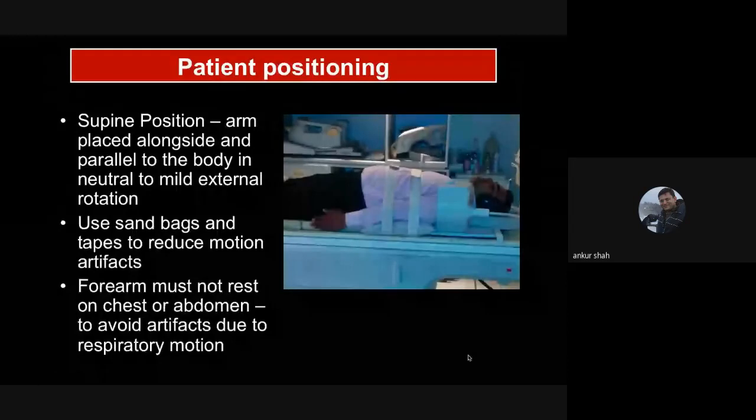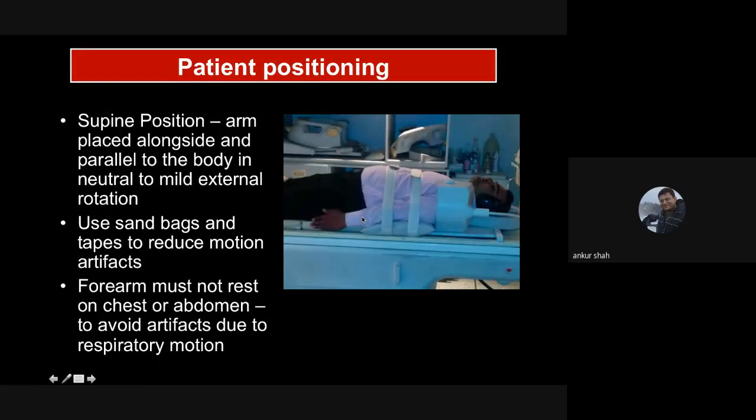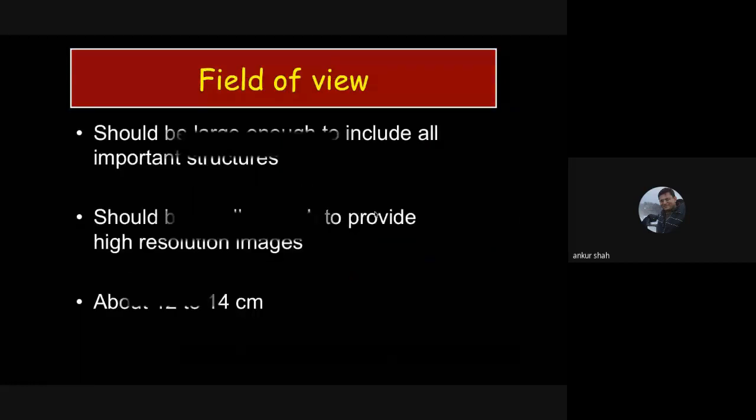Regarding positioning, for you it may not be very important, but at least keep in mind that you should instruct the patient to stay completely immobile during the examination, and the forearm should not be on the patient's abdomen, otherwise it keeps moving with respiration and there will be motion artifacts.